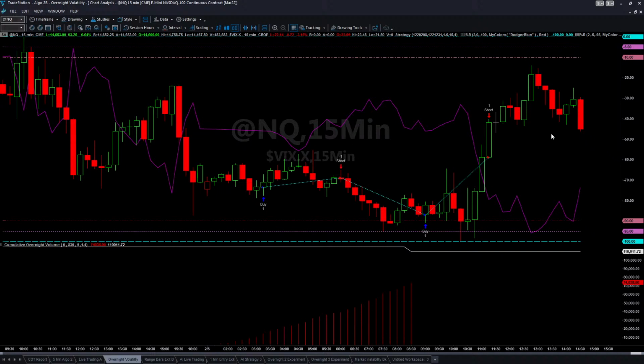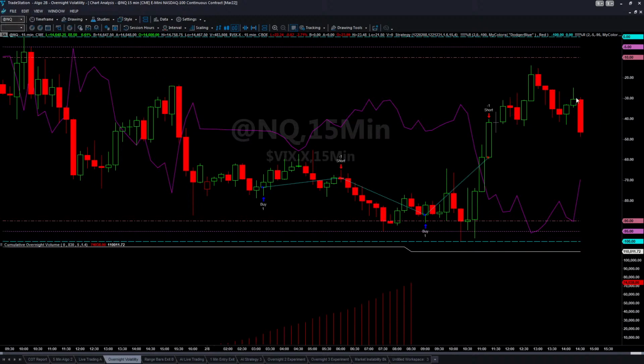What do we have in the overnight? Bias to the short side. This overnight, I can't stress to you enough how accurate it has been in the last few weeks in predicting overall market bias. Even though price went up right here from the signal, it still detected market bias as being short. That's the reason it hasn't closed out.